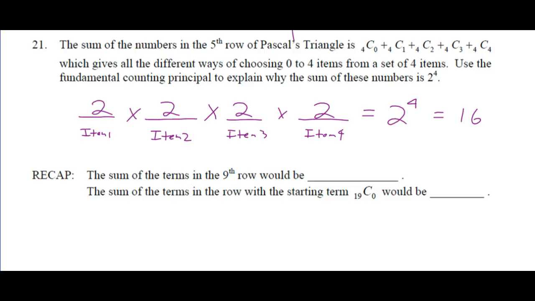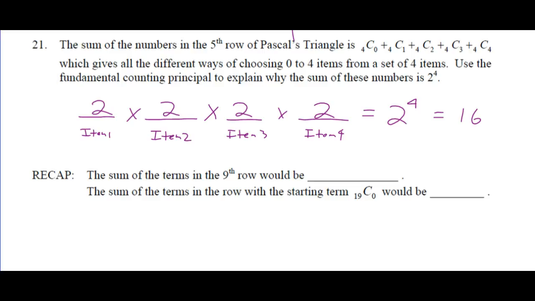Which is anywhere from I have chosen no items to I have chosen all items, right? And there are 16 ways that that can happen, right? If I choose only one item, that happens 4 ways, right? I choose either the first, or the second, or the third, or the fourth, right? That's the 4 choose 1. If you're choosing one item, there's 4 ways you can do it. If you're choosing no items, there's only one way you can do that.